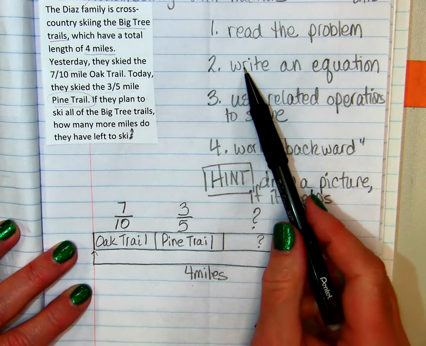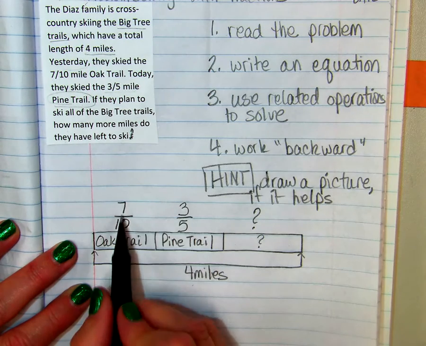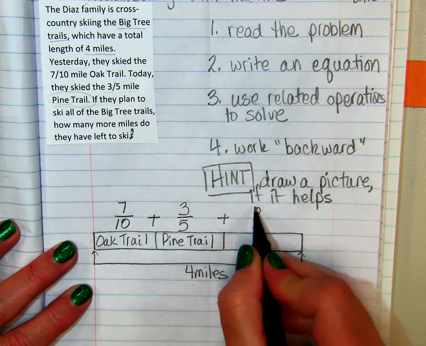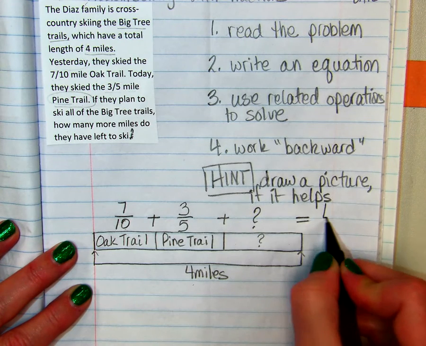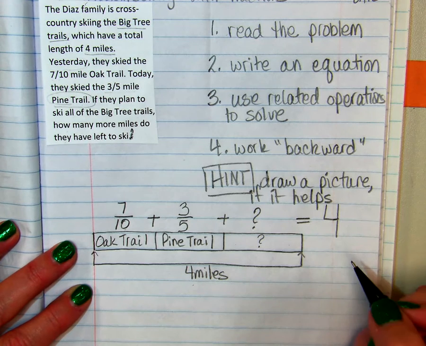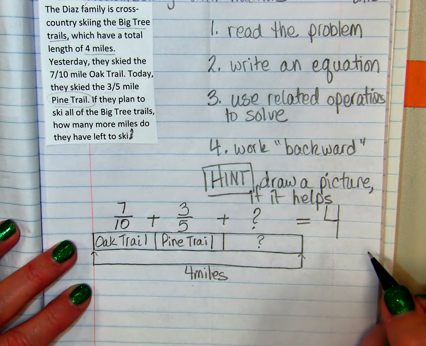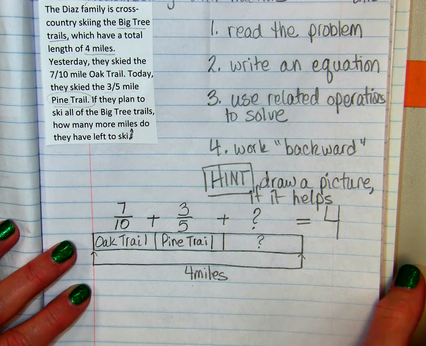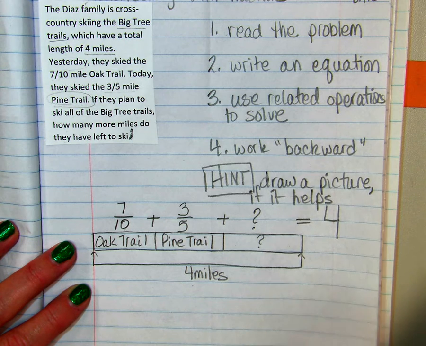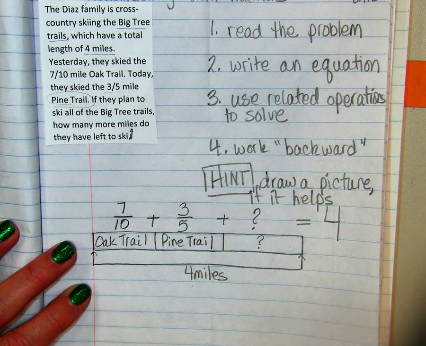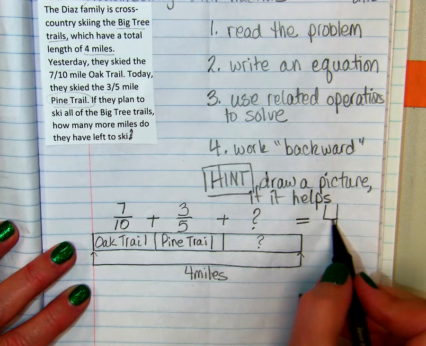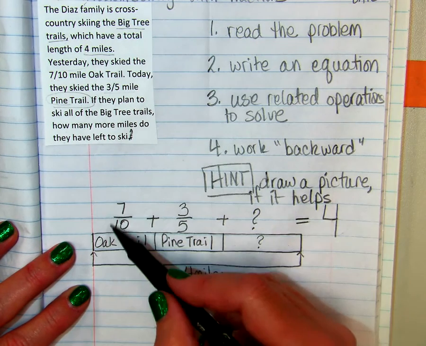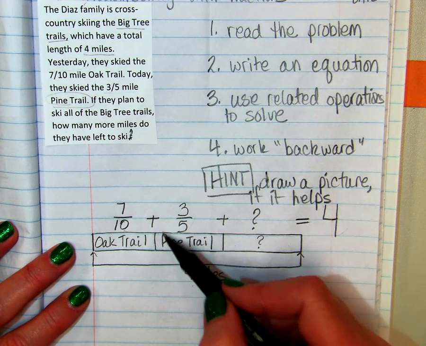We're going to number 2, write an equation. So if we have our 7/10 plus our 3/5 plus this other amount, that should equal our 4 miles. Okay? Alrighty. Now, we are going to use related operations to solve. And today we're going to use addition and subtraction. You can take 4 and subtract 7/10, and then subtract your 3/5.